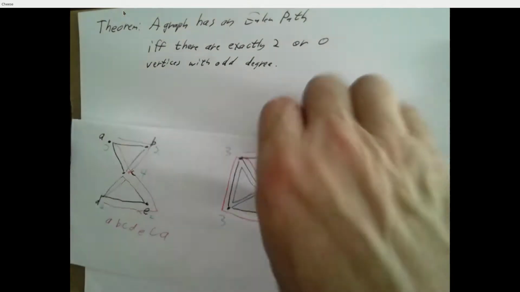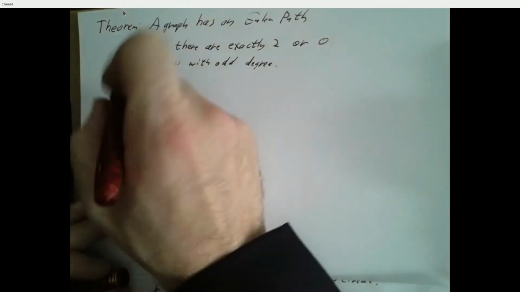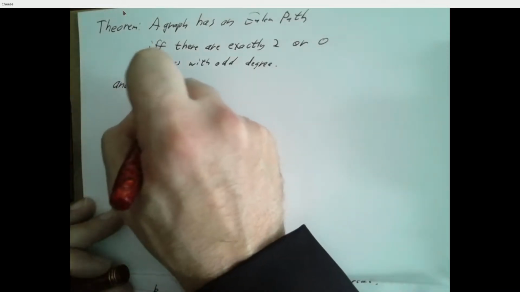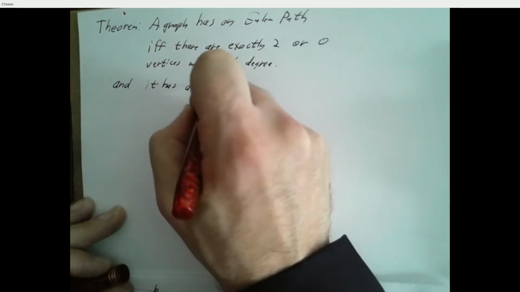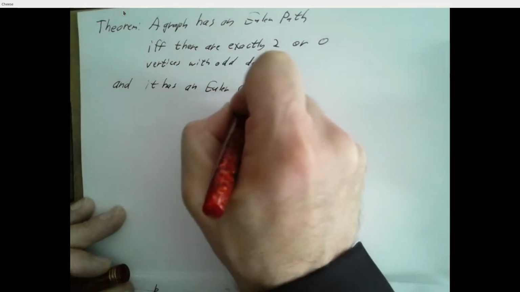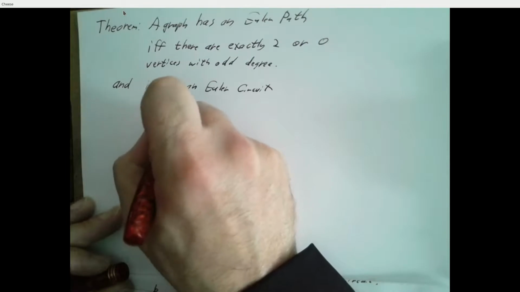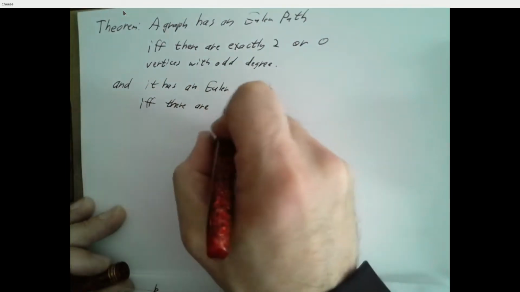So there's a second piece to this. It has an Euler circuit if and only if there are no vertices with odd degree.